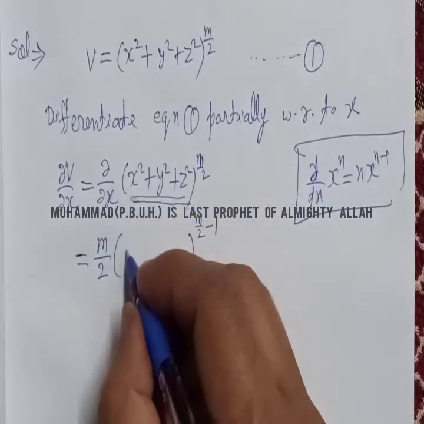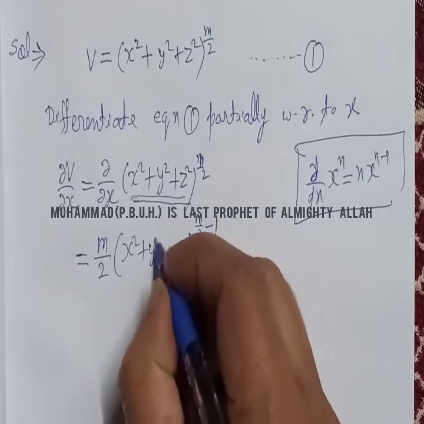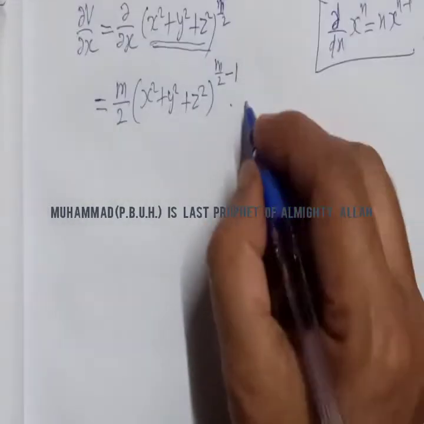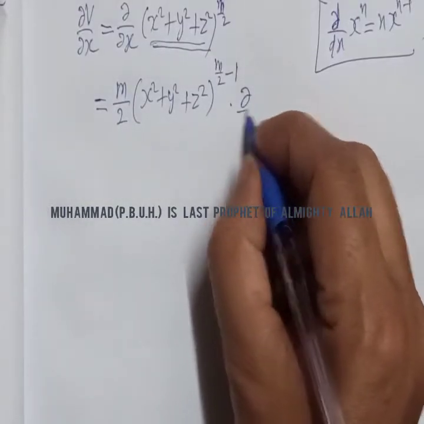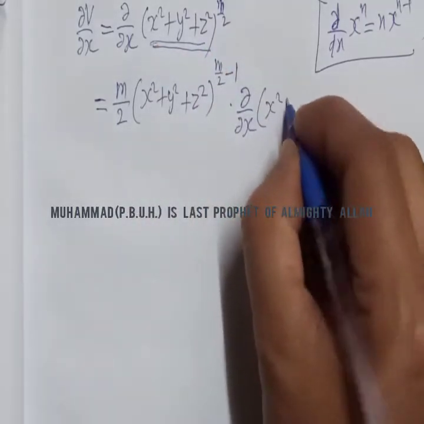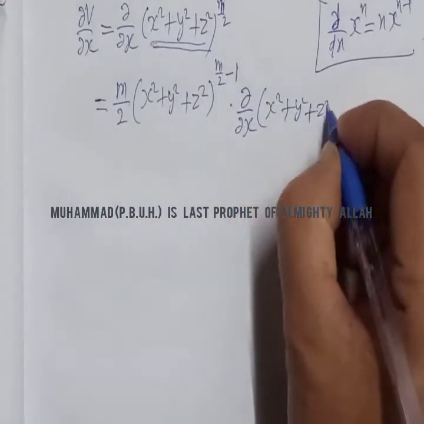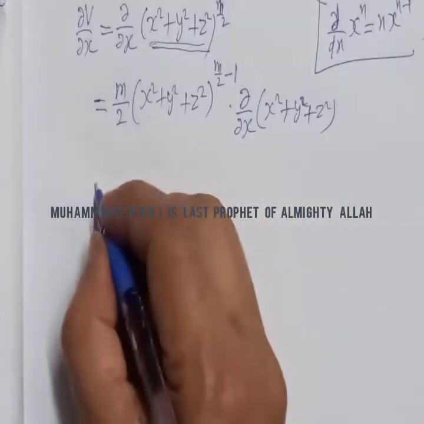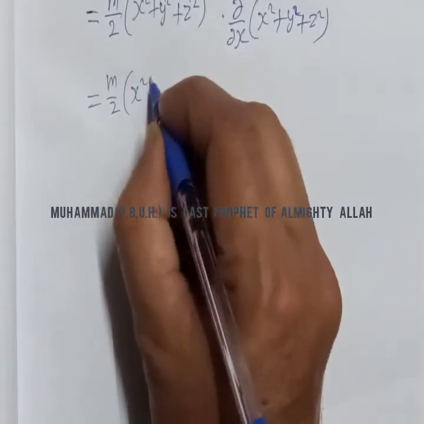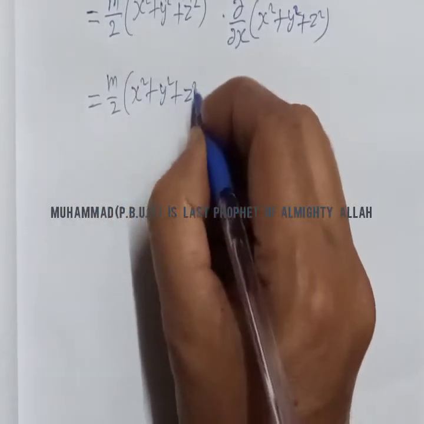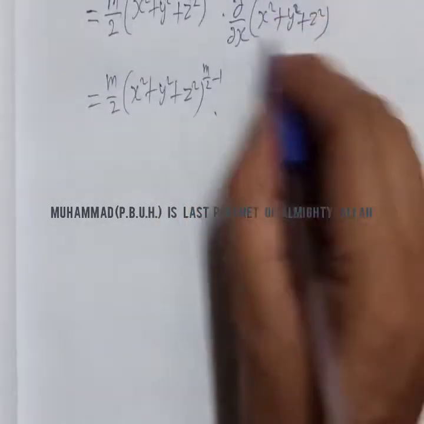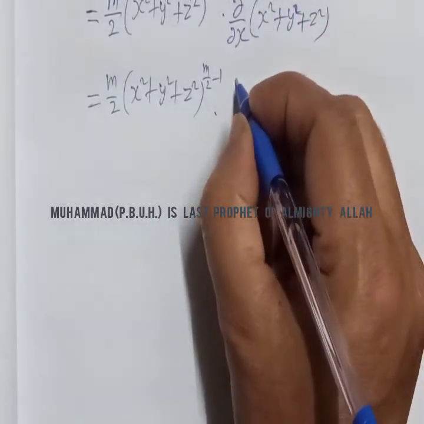What we see is that it is not x, so by chain rule we must differentiate partially with respect to x. This we consider as x previously. M by 2 (x²+y²+z²) whole power m by 2 minus 1, differentiated with respect to x partially.